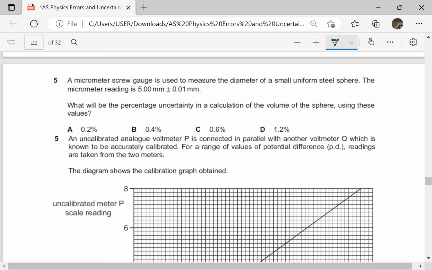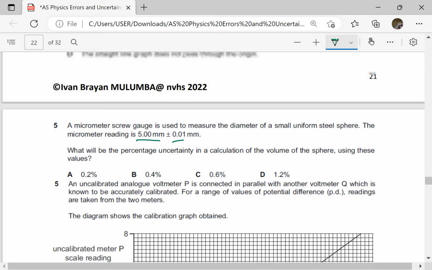A micrometer screw gauge is used to measure the diameter of a small uniform steel sphere. The micrometer reading is 5 plus or minus 0.01. What will be the uncertainty in the calculation of the volume of the sphere? I think we have answered a similar question. The volume of a sphere is 4 over 3 pi r cubed, which we have seen is going to be pi d cubed divided by 6.